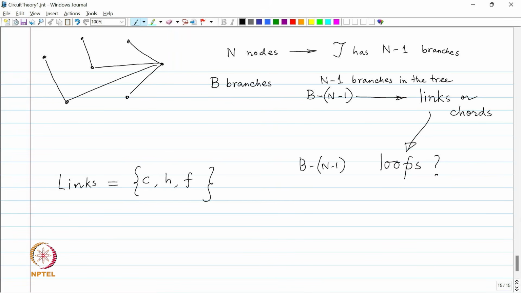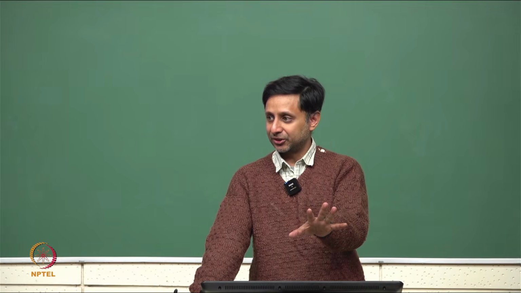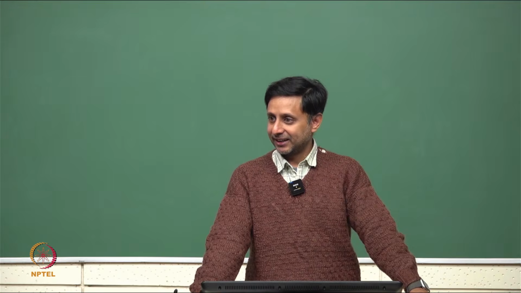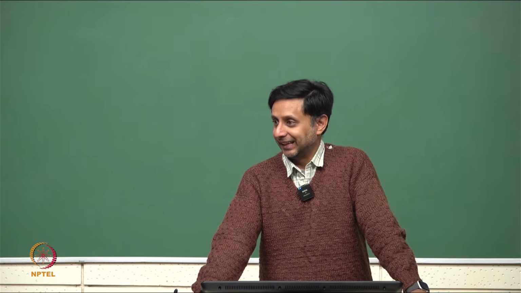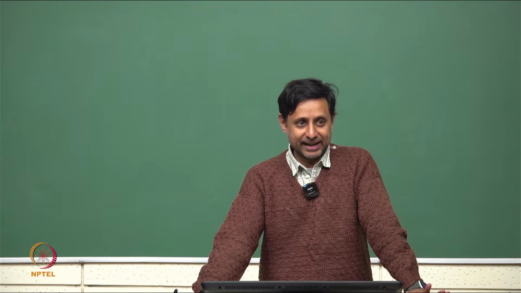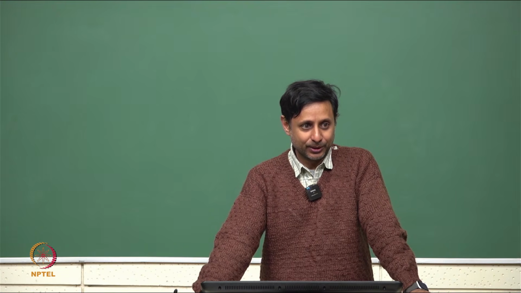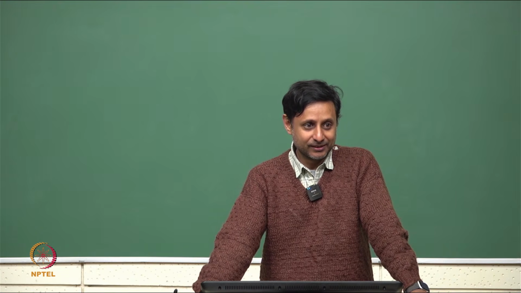So, the graph is split into two: one is the set which forms the tree and the other is the set which forms the links. There is no intersection of these two, but the union is the whole graph.